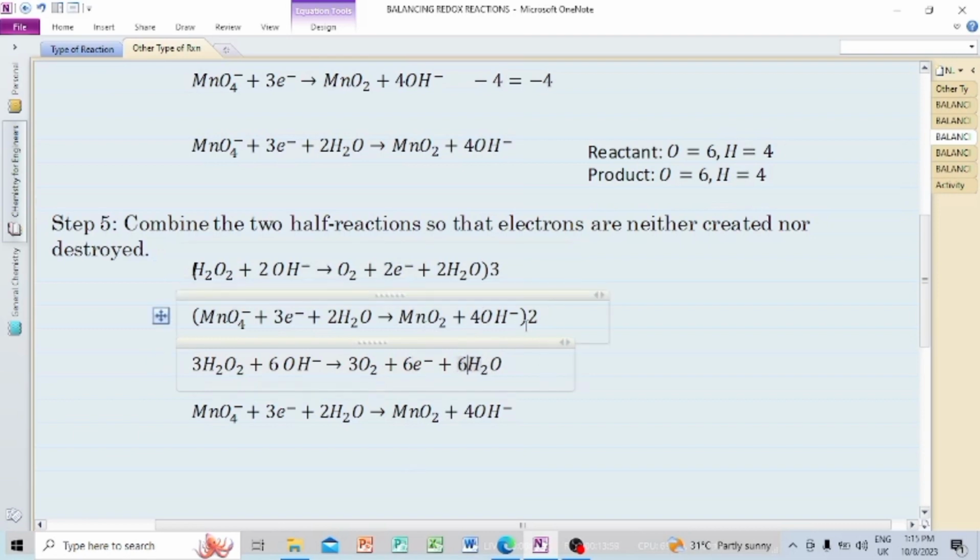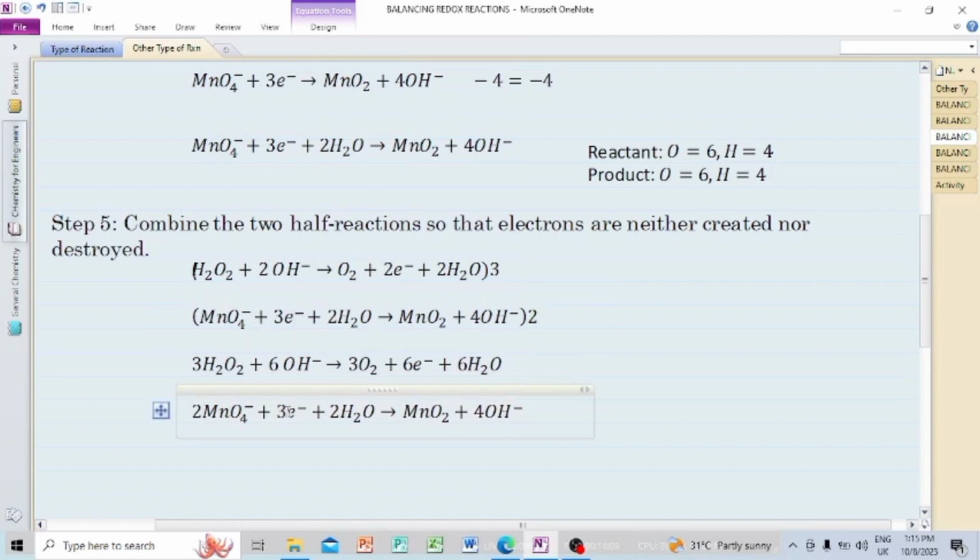Dito naman, 2 times MnO4 is 2MnO4 plus 2 times 3 electrons is 6 electrons, and 2 times 2 water is 4 water. 2 times MnO2 is 2 MnO2, and lastly 2 times 4 hydroxide ion is 8 hydroxide ion.